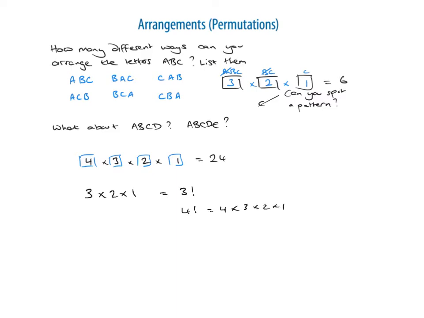If you look at n factorial, where n is any number, we start with that number, go down by 1 and multiply, all the way down to 1 at the end. For example, if n is equal to 10, it'd be 10 by 9, because 10 minus 1 is 9, by 8, by 7, by 6, and all the way down to 1.